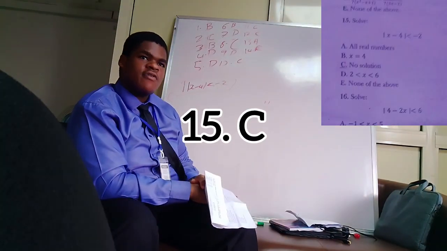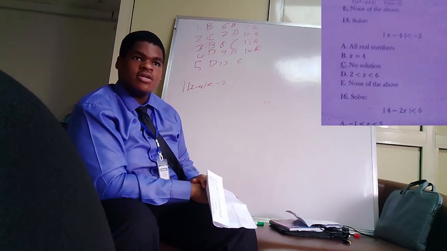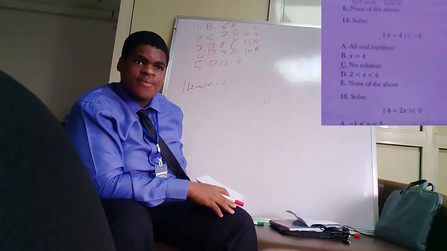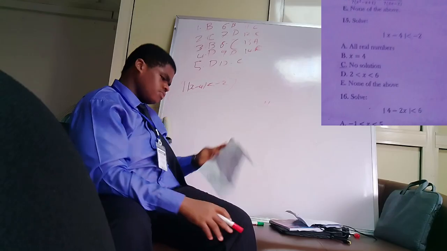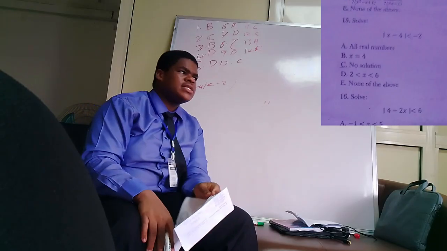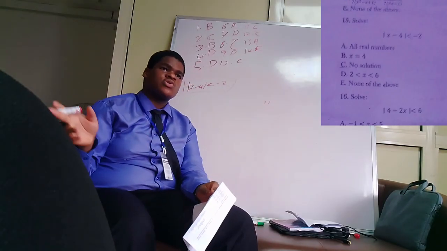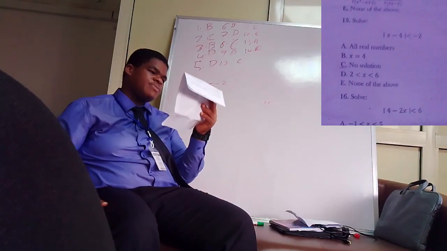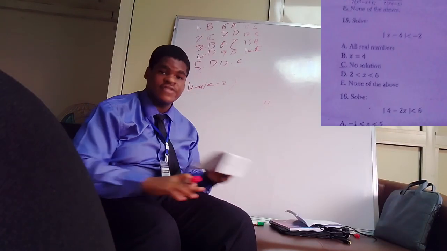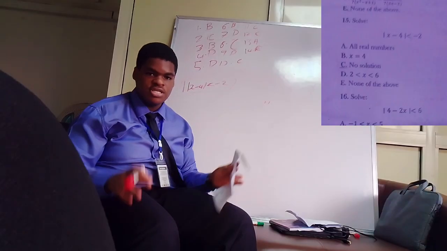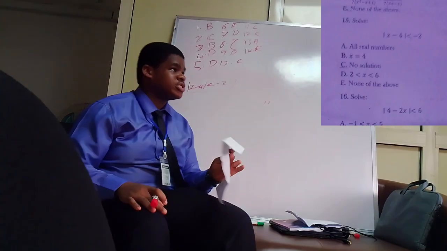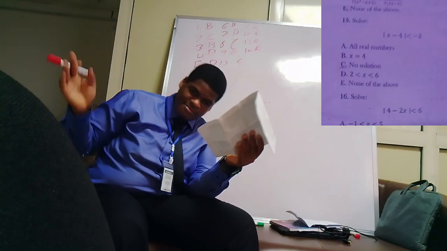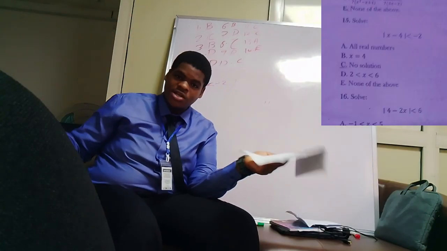Can the absolute value of an imaginary number be a negative number? The absolute value of an imaginary number is the square root of a squared plus b squared. So the absolute value of a number, even if it's imaginary or real, cannot be a negative number, except if some mathematician decides to create a new form of numbers.